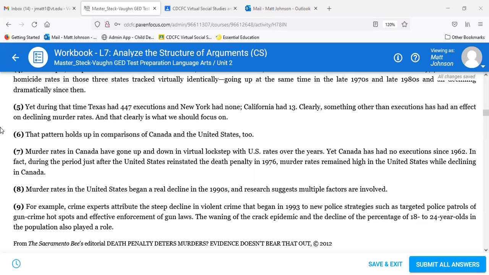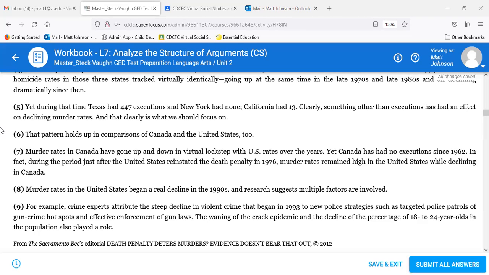Murder rates in the United States began a real decline in the 1990s, and research suggests multiple factors are involved. For example, crime experts attribute the steep decline in violent crime that began in 1993 to new police strategies such as targeted police patrols of gun crime hotspots and effective enforcement of gun laws.